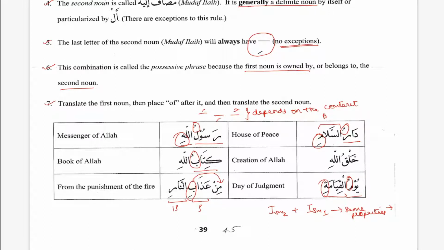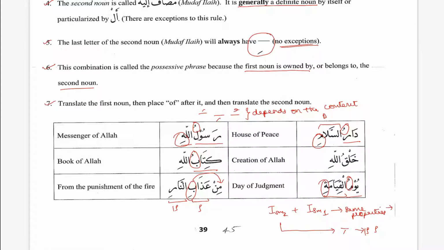If they don't have the same properties and the second ism has a kasra, then it is most likely mudaf mudaf ilaih. That's going to be the case.